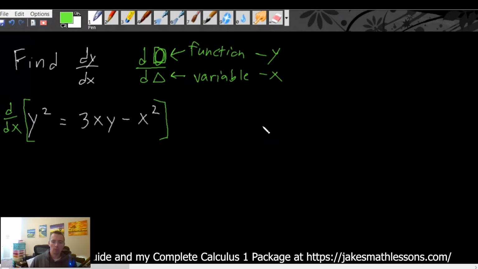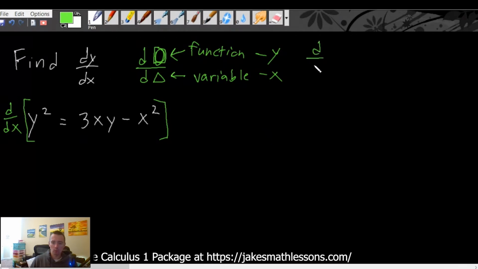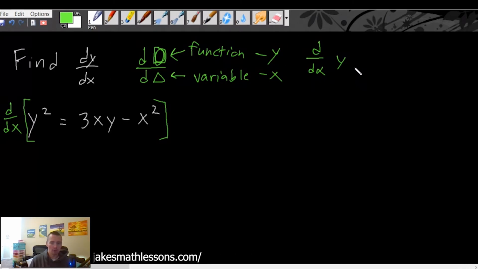So whenever you're taking the derivative with respect to your variable of your function, you're not going to be able to actually find that derivative. Instead, you're just going to write that as dy/dx, which literally just means the derivative of y with respect to x.